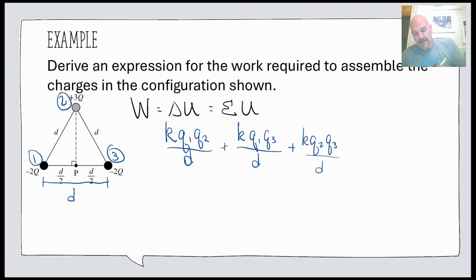Let's plug in what each charge is, and I'm going to factor out K because it's a constant.